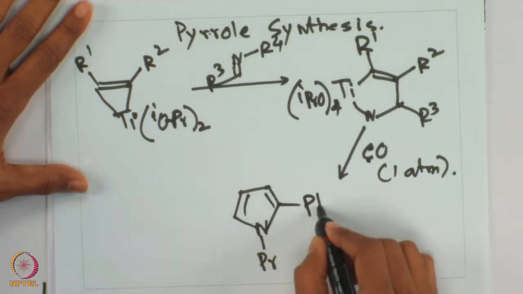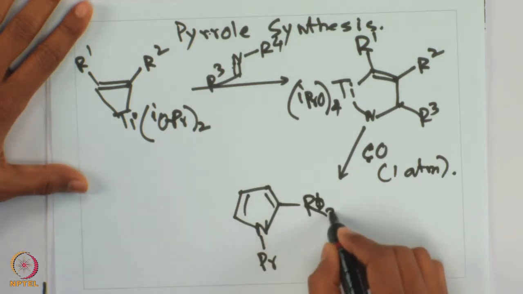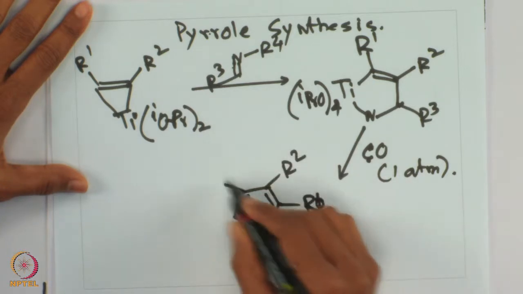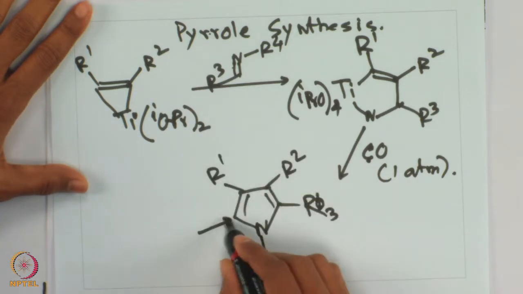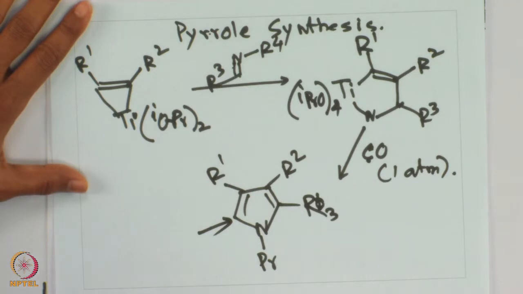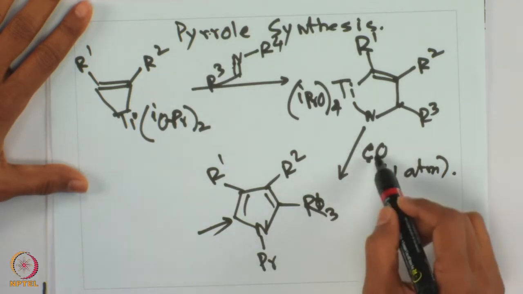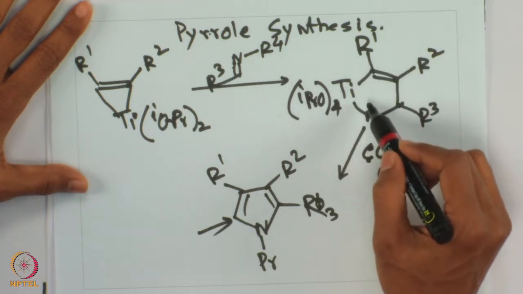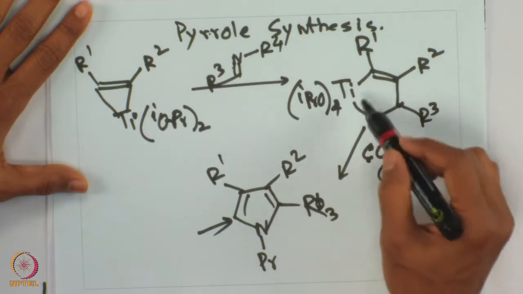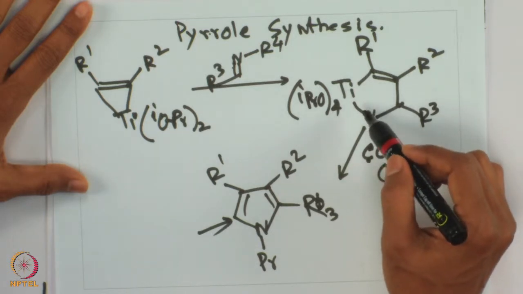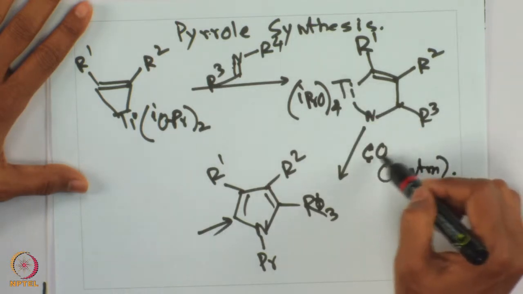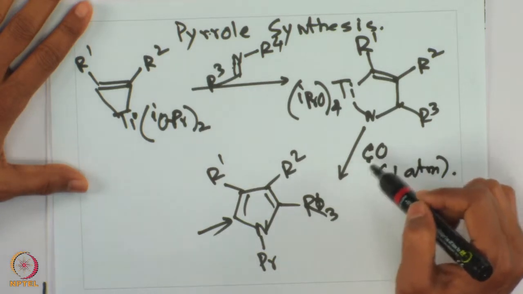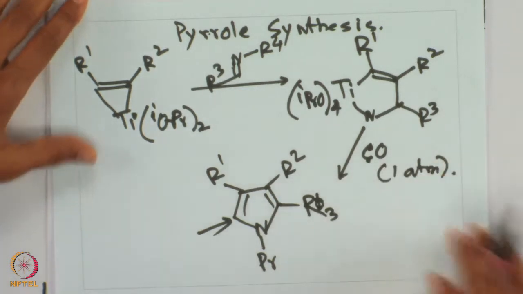So, for example, if we have R3 here and R2 here and R1 here, this carbon is coming from the carbon monoxide. Overall what you will see is that carbon monoxide is inserted into this titanacycle reagent to give rise to the 6-membered intermediate. From there on, extrusion of this carbon monoxide oxygen to the titanium center overall will give the product.